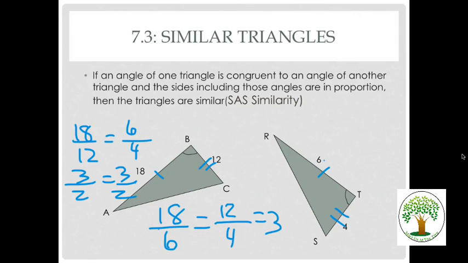No, it's switching the means and extremes. Or in this, which one is this? Means. If we switch the means here, we'll have that one. Okay? Proportion still works. So these are similar because we have a congruent angle and the sides that include that angle are proportional. All right? So that's another place for your box there. You have something there to put in it, your side-angle-side similarity. And you might even put some numbers in there with those triangles that are on there and show the proportion if you want. It's up to you.